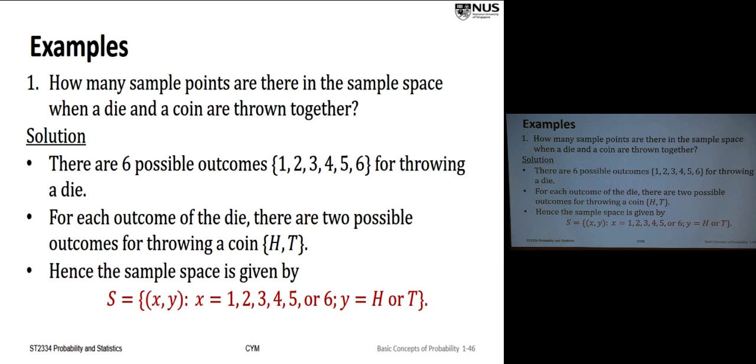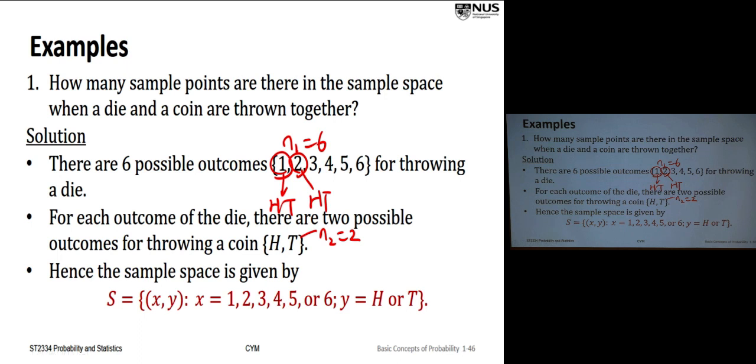For the die, there are 6 possible outcomes, so n1 equals 6 in this case. The coin has 2 possible outcomes. For each outcome of the die, like 1, I can have head and tail for the coin. For 2, I also have head and tail. So they all have 2 possible outcomes.